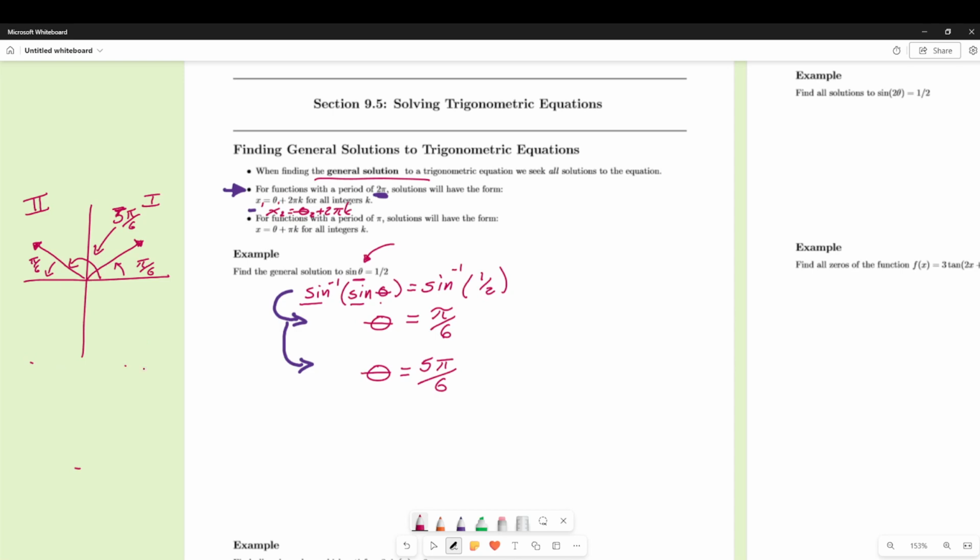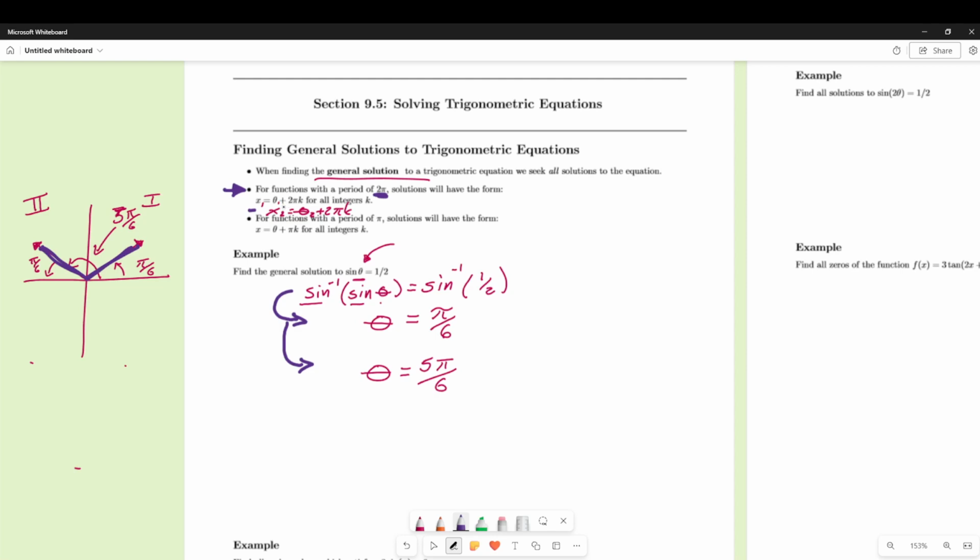However, we also know that anything coterminal to that pi over 6 is also going to make this thing equal 1/2. And anything coterminal to the 5 pi over 6 is also going to make the sine equal to 1/2.